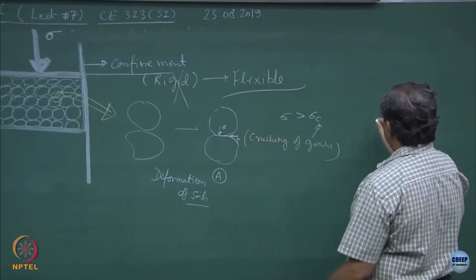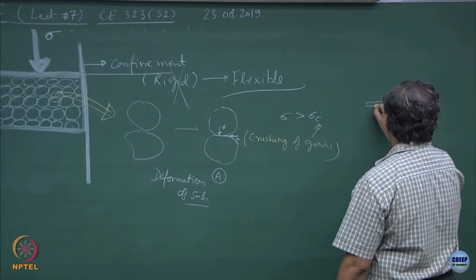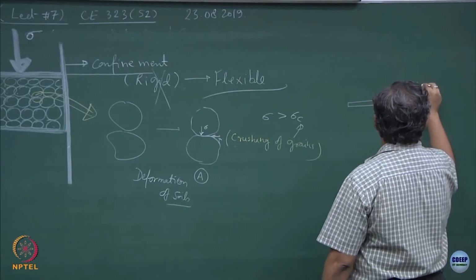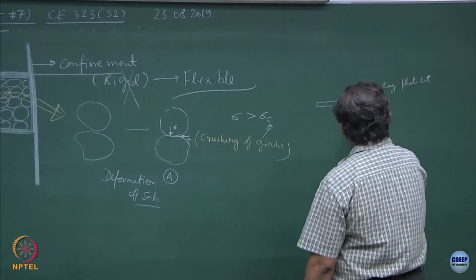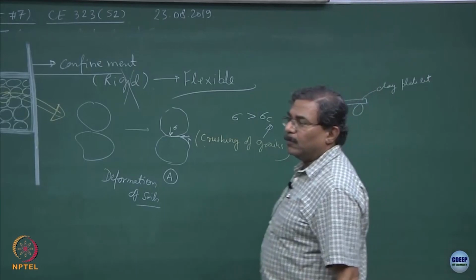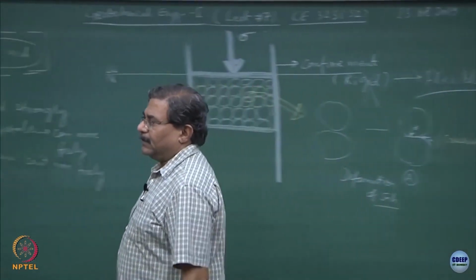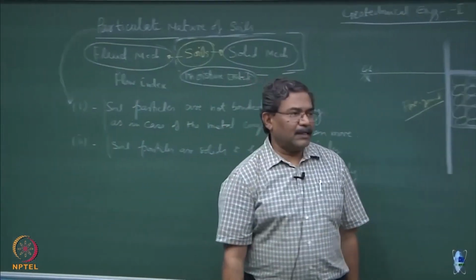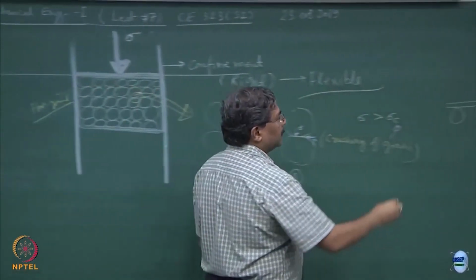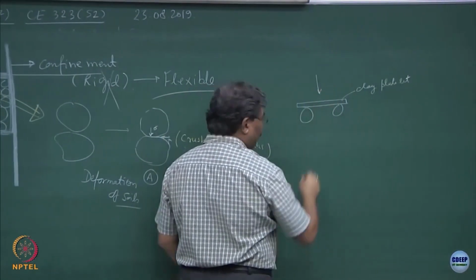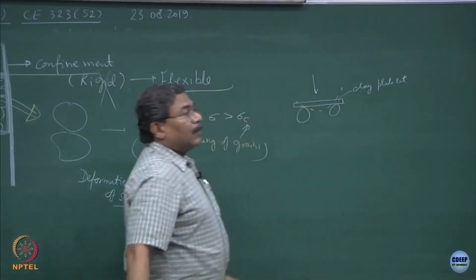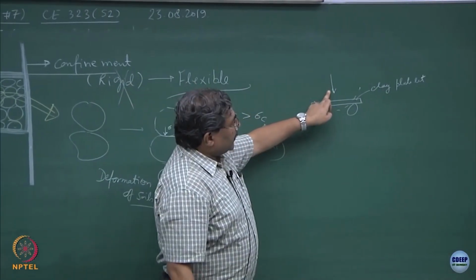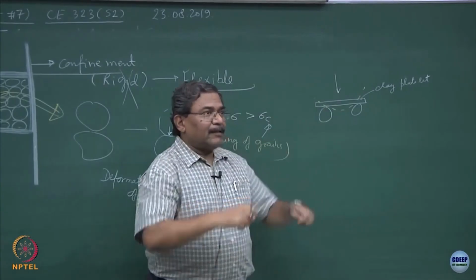I can idealize this situation as a clay platelet which is supported on two coarse grained materials, and I am sure you are doing this analysis a lot in structural analysis, is not? The loading comes and you know what is the deformation of this system. If I keep on increasing the stresses, the stage will come where the clay platelet itself will break.